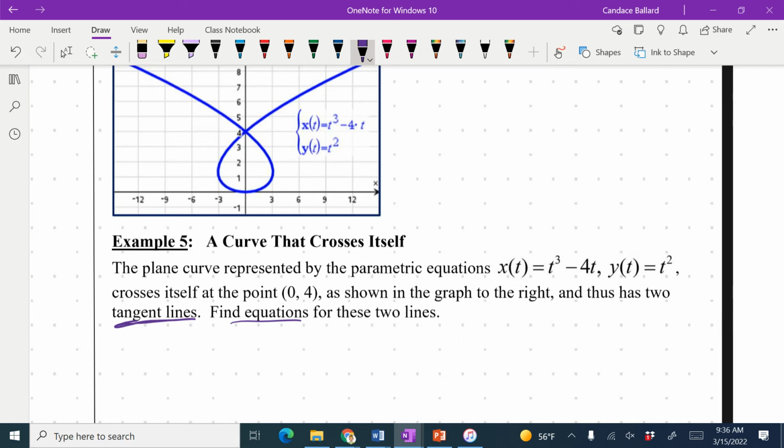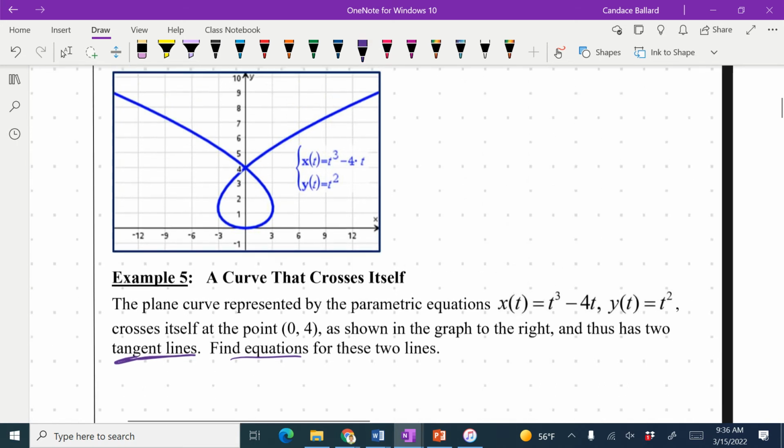All right. It says the curve crosses itself at 0, 4. So what two things do we need to find an equation of a tangent line? Point and slope. What do we have? We've got a point. We know the point is (0, 4), right? I am missing slope. So how do I get slope?